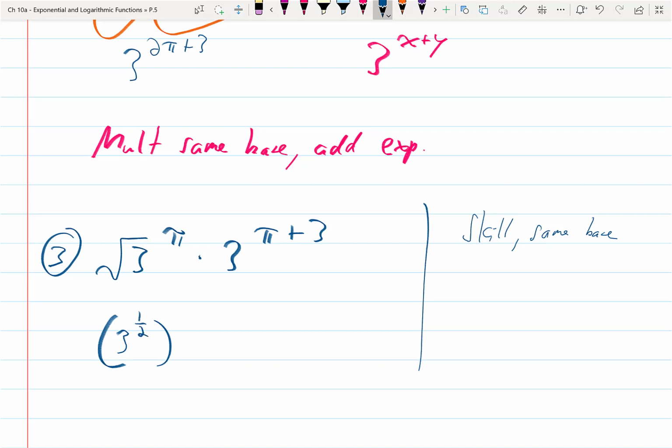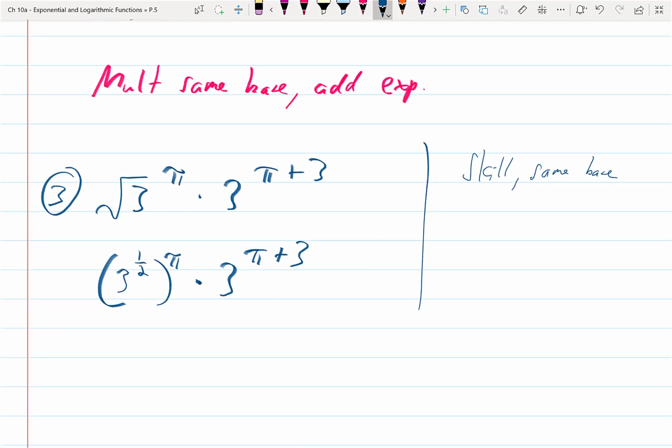The 1/2. 3 to the 1/2 to the pi times 3 to the pi plus 3. They are now close to being on the same base.